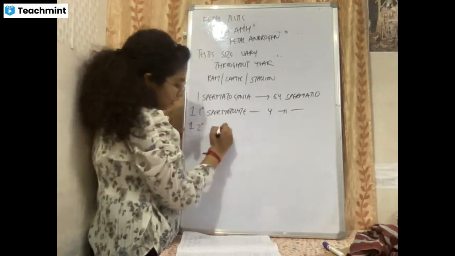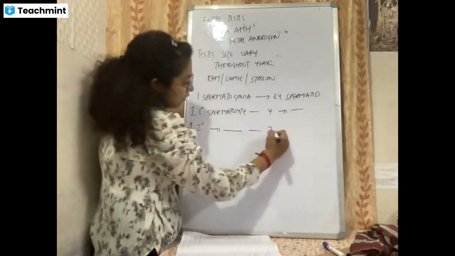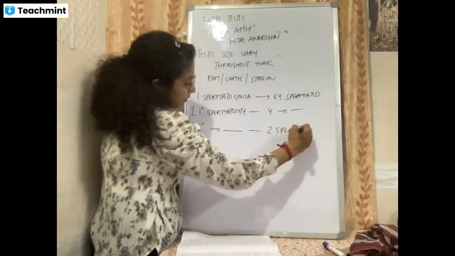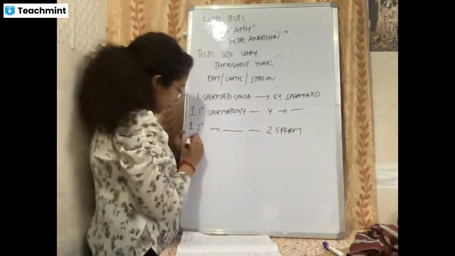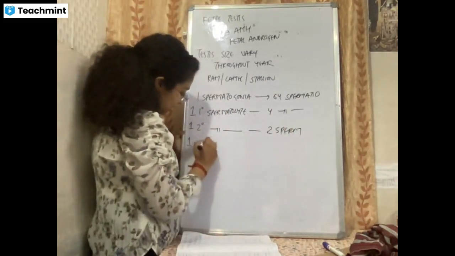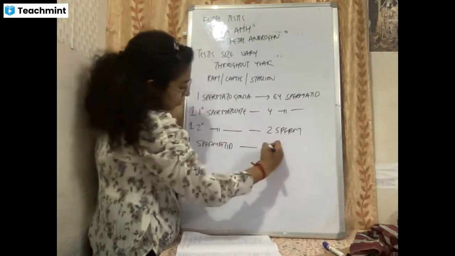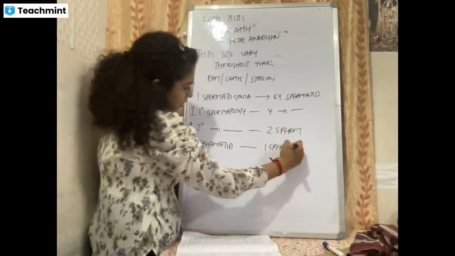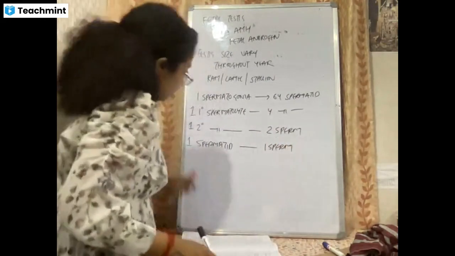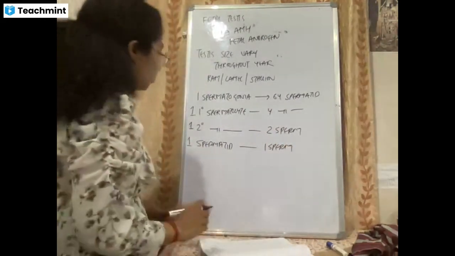One secondary spermatocyte will give rise to 2 spermatids, and one spermatid will give rise to 1 sperm. These are very simple, but these are asked in the exam, so I told you.